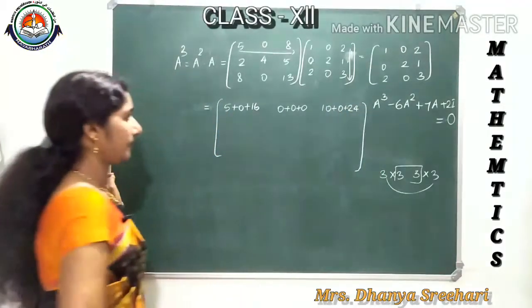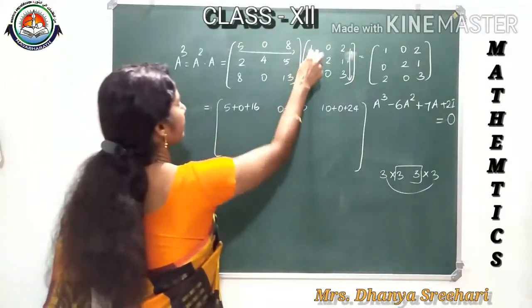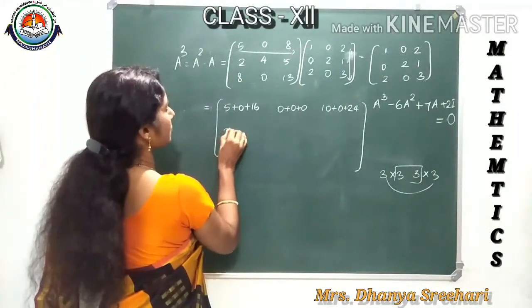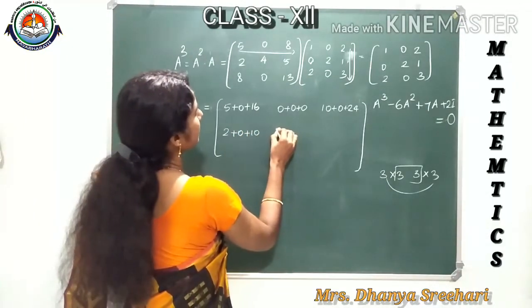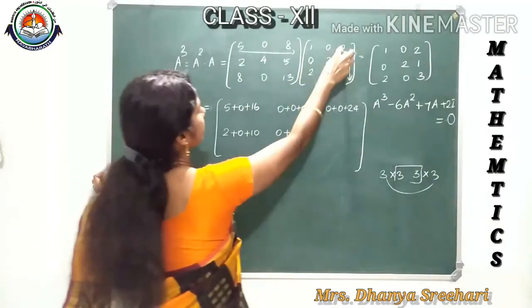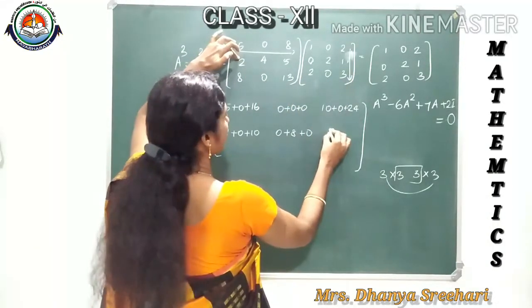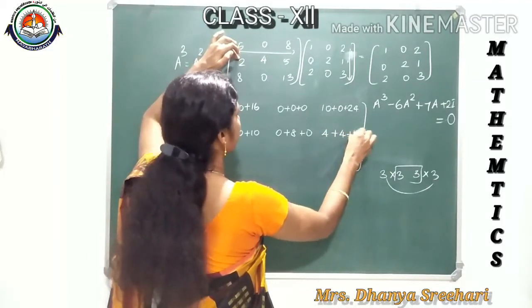We got the third element. And to get the second row with the first column, 2 1s are 2 plus 0 plus 10, and the next element 0 plus 8 plus 0, and the third element 2 2s are 4 plus 4 plus 15.